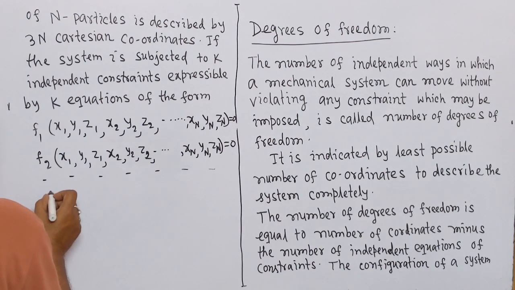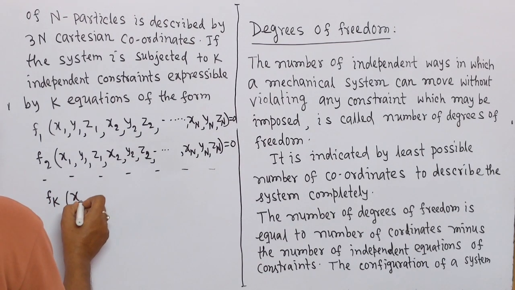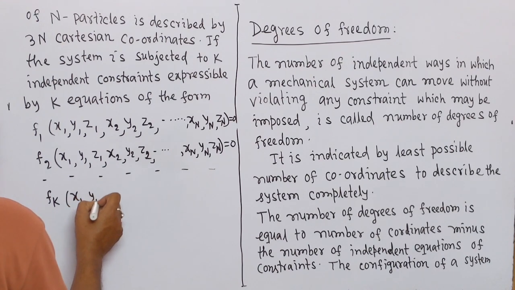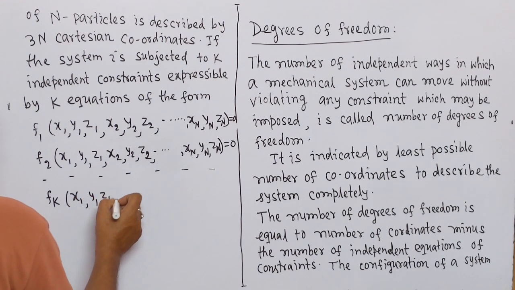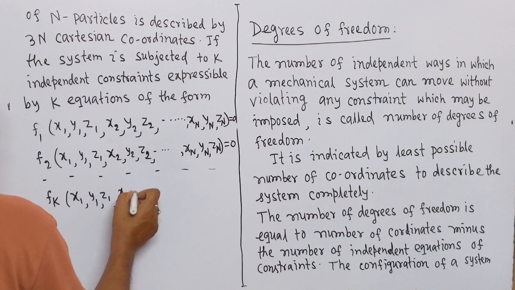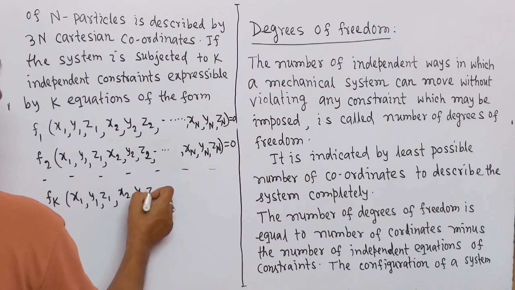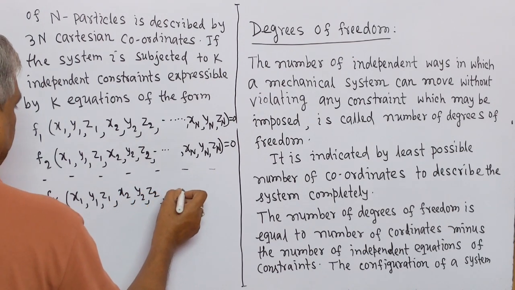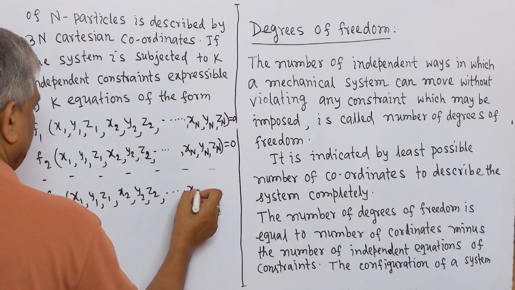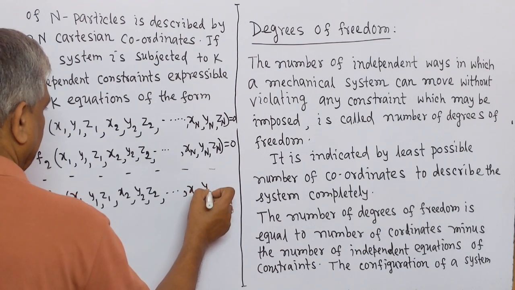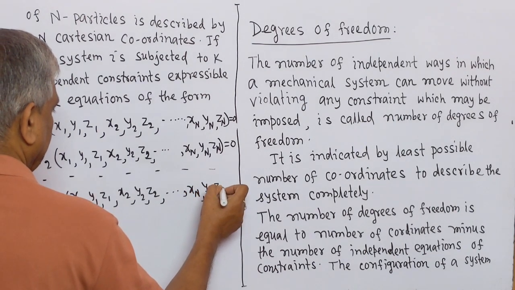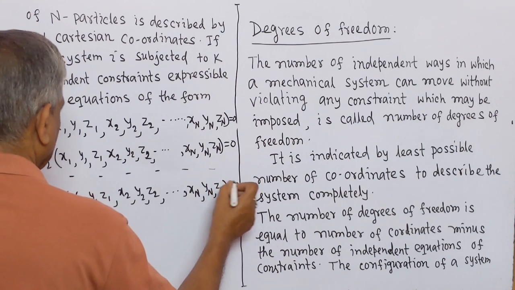Similarly, fk(x1, y1, z1, x2, y2, z2, ..., xn, yn, zn) equal to 0.